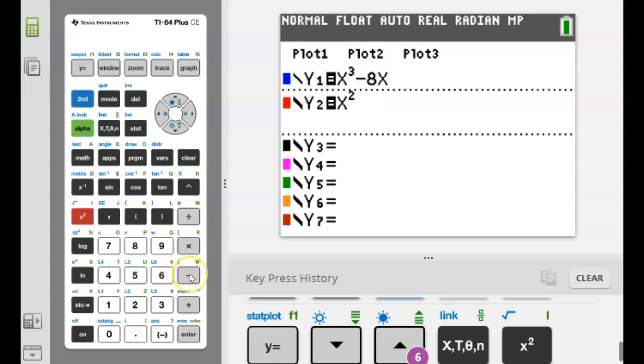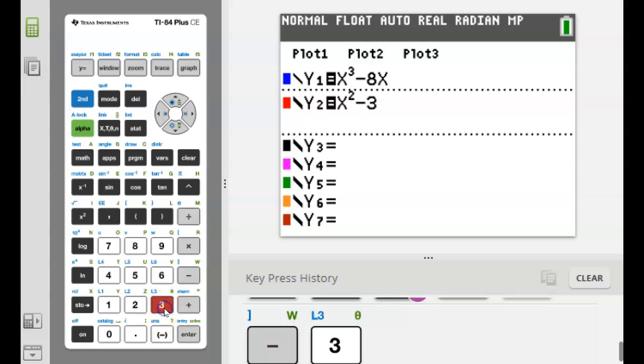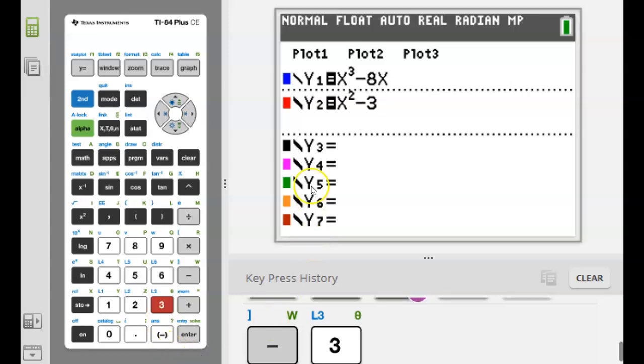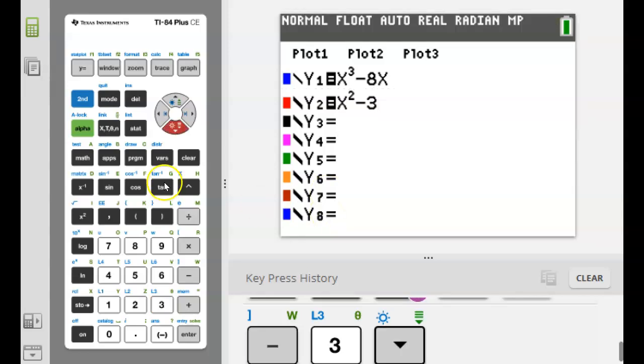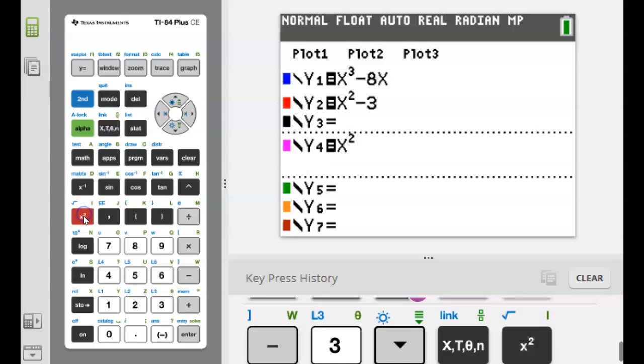You could do this just by subtracting 3. If you're being given an addition problem and a negative number, you can go ahead and move down one. So I've got my X, and then I've got my square.